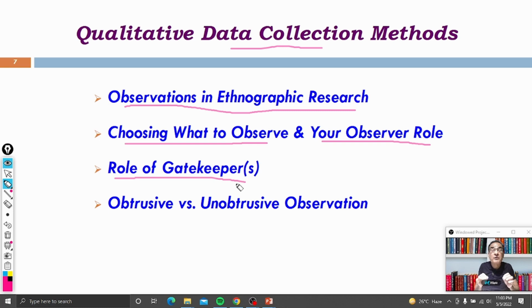You will get the permission from the principal. So in this example, the gatekeeper is the principal. So I hope you now understand that the gatekeeper is the person whom you have to get permission from, the authority in the institution. There is obstructive and unobstructive observation in qualitative research.